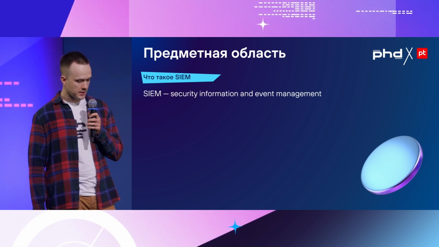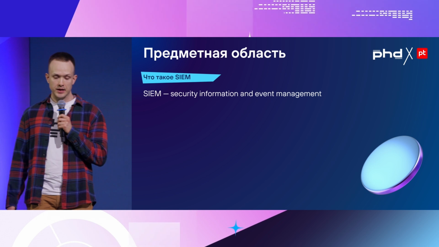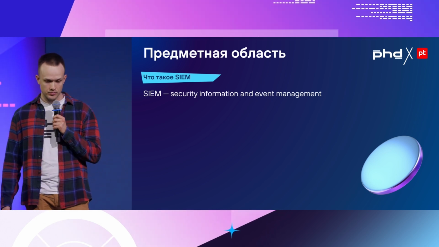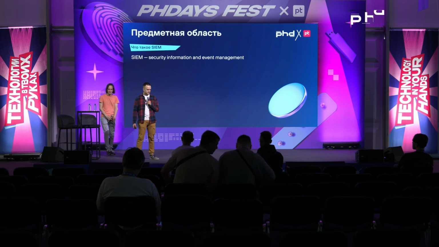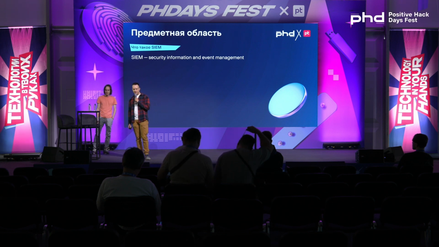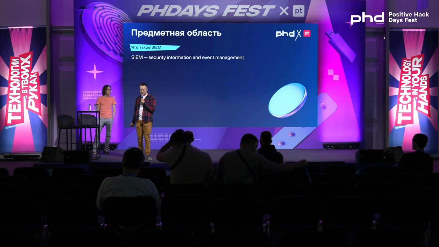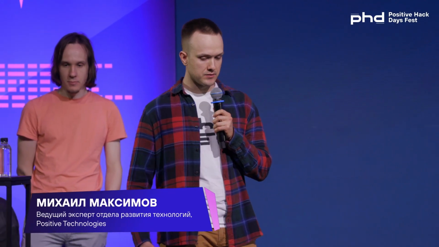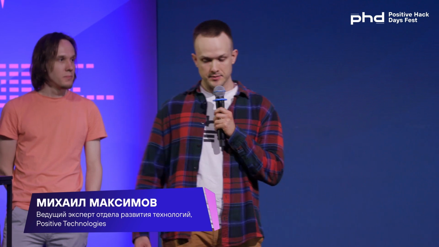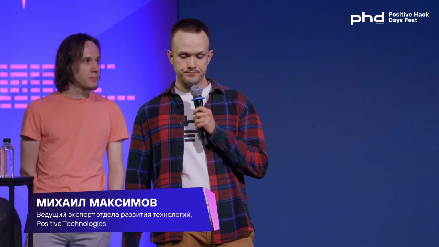Everybody knows that any software does logging of the events that are happening in the infrastructure. Examples of information security events are creating a user, entering the system, exiting the system, and changing the configuration of the system.